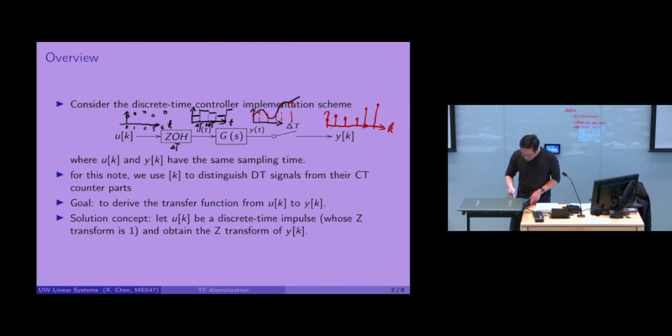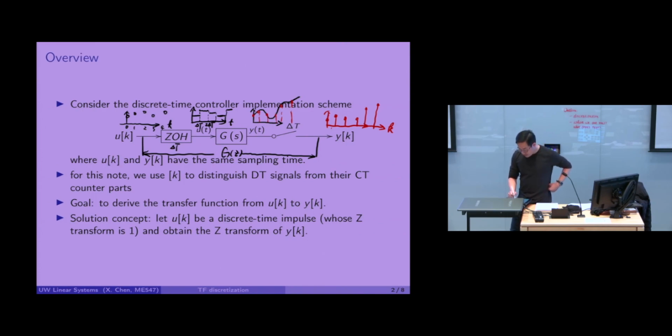What we want to derive is from here all the way to here. This is a discrete time system. The input is a discrete time signal, u bracket k. The output is a discrete time signal as well, y bracket k.